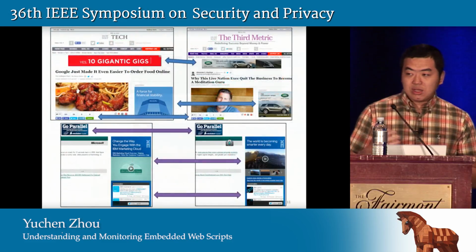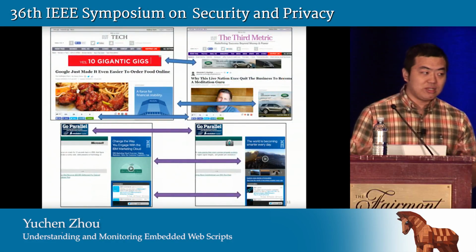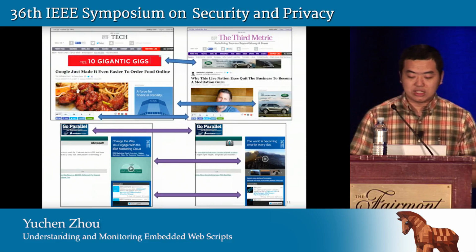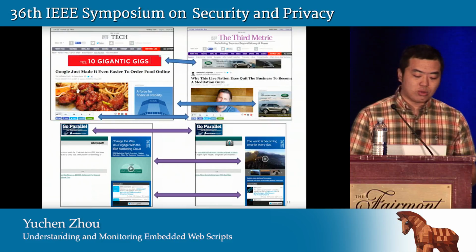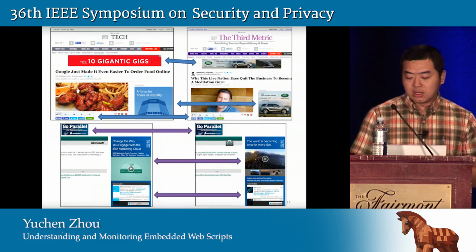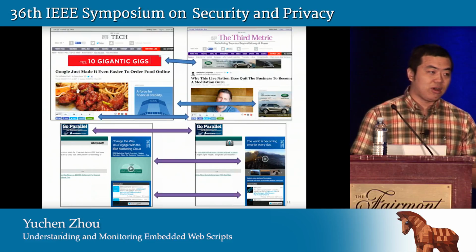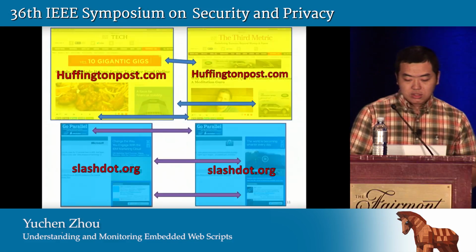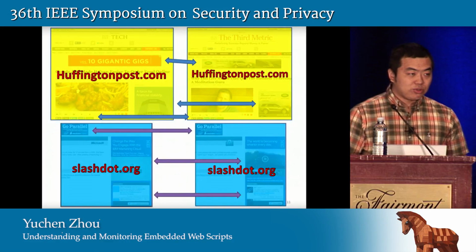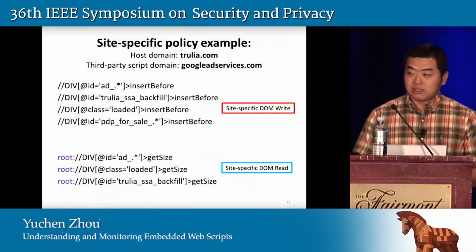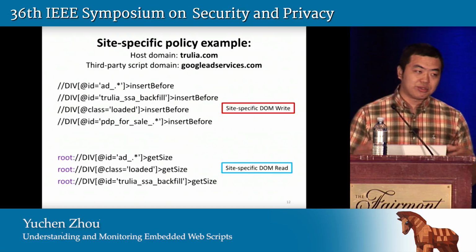However, fortunately, we were able to find that if we're looking just at pages within one site, for example, the upper two screenshots are Huffington Post, different news pages, and the bottom two are screenshots from Slashdot.org. So you can see that these layouts of advertisement or social widgets actually follow a pretty consistent pattern. So basically, because of this observation, we're able to propose site-specific policies. So these policies only apply to that site, but all pages within that site.